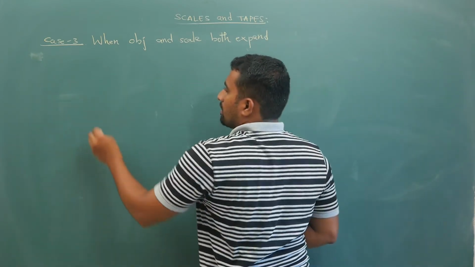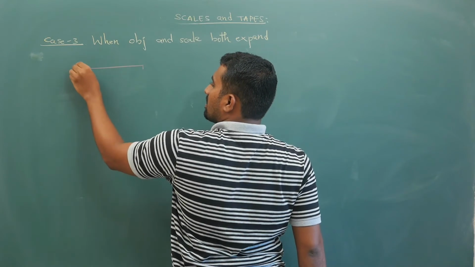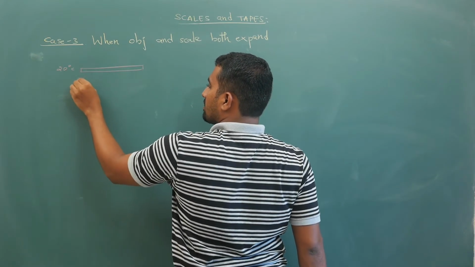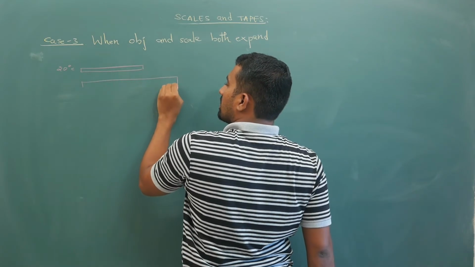Now let us say your object is here, the correct calibration temperature is some 20 degrees centigrade, and the scale is here.